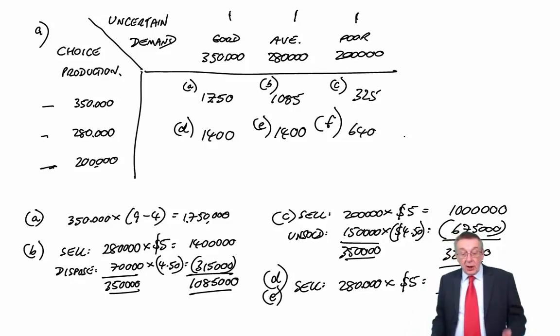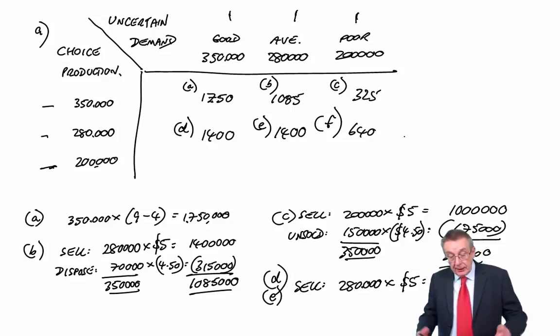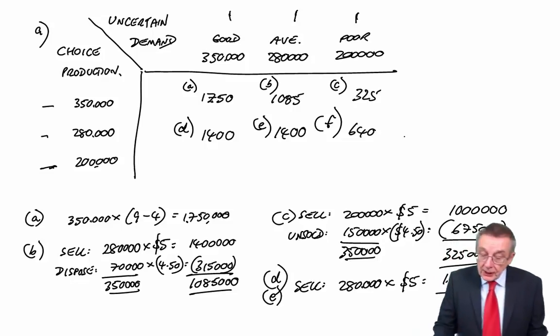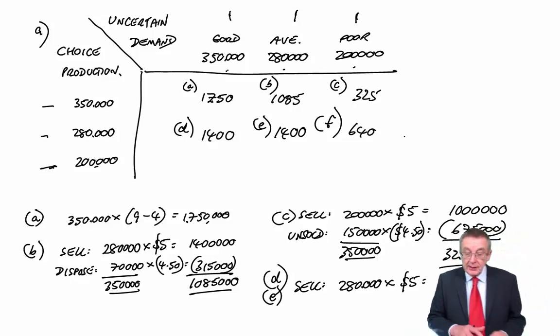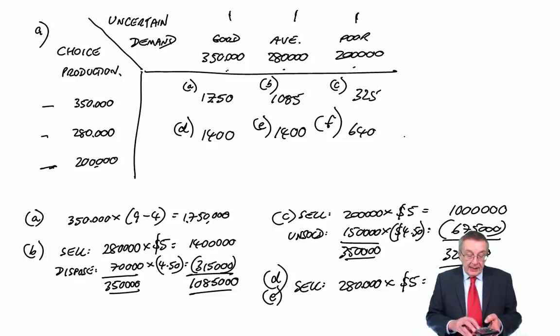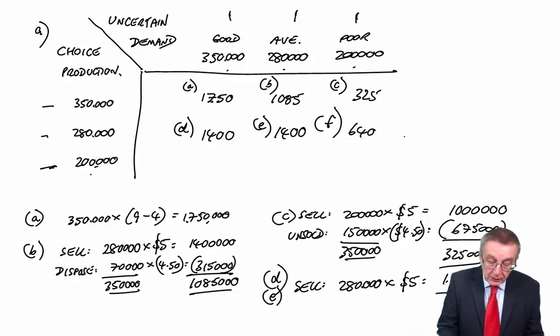You will sell all 200. Any extra customers and extra demand is turned away. And since they're all at least 200, whatever the demand turns out to be, we'll make $5 each on the 200,000 produced. It'll be 1,000.